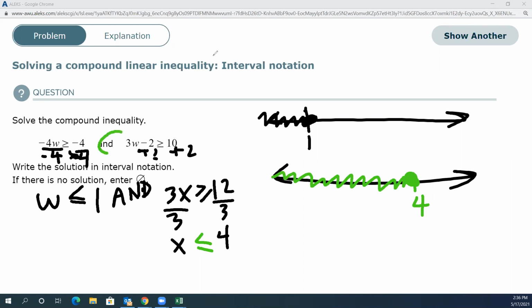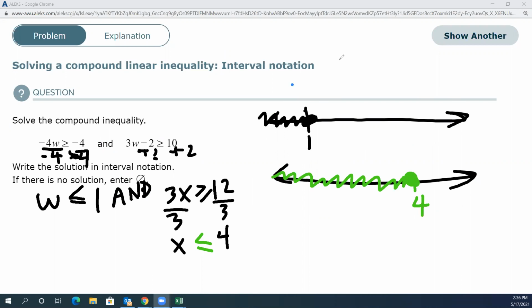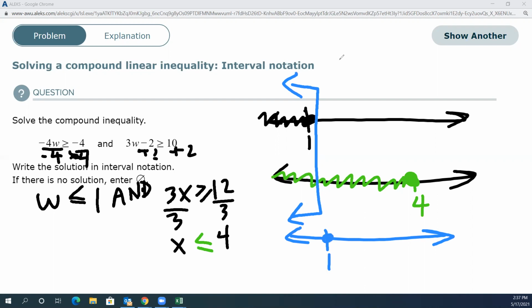And the and would mean take only what they have in common. So if I pick one up and dump it on the other, what they have in common is from there over. Our answer as a graph, which is not what they asked for this time, would be that.